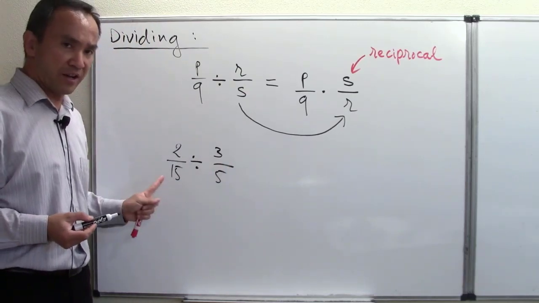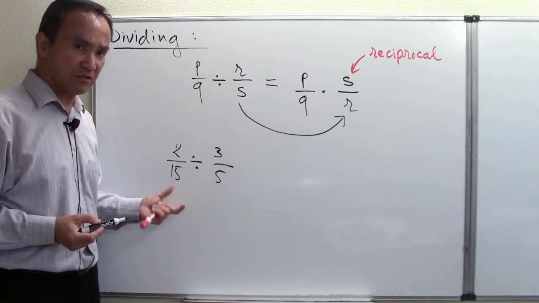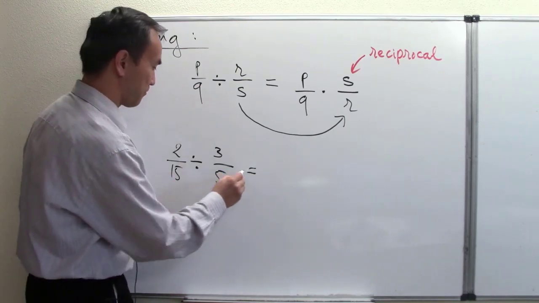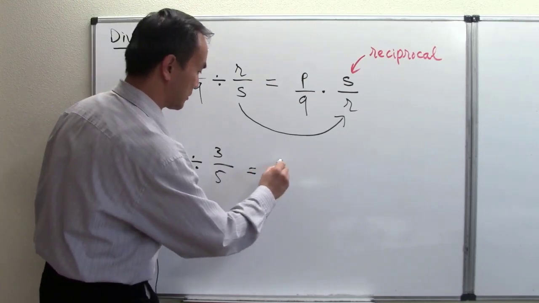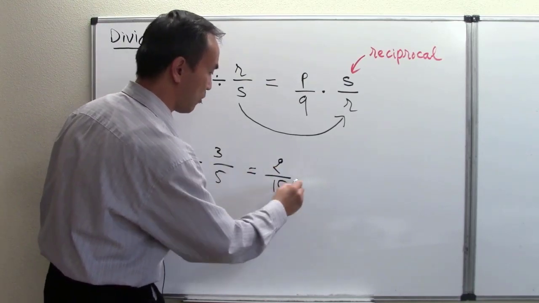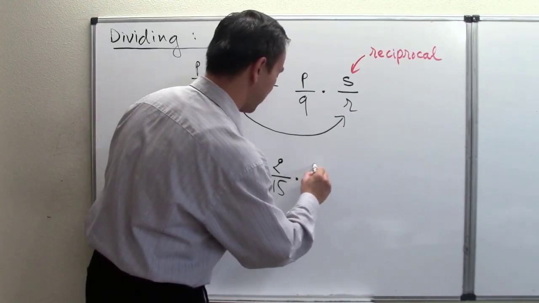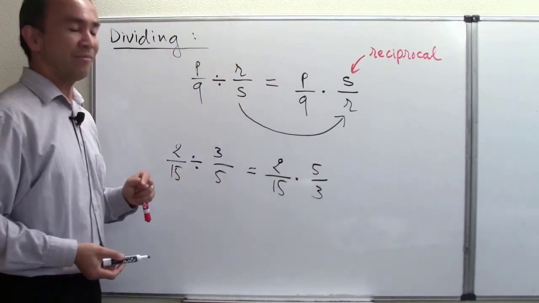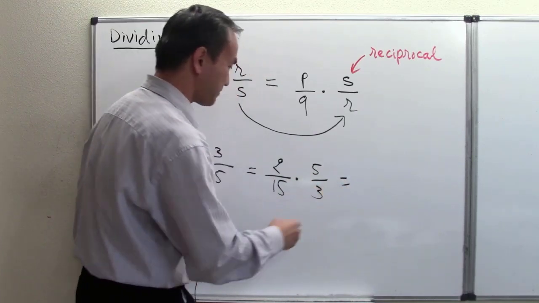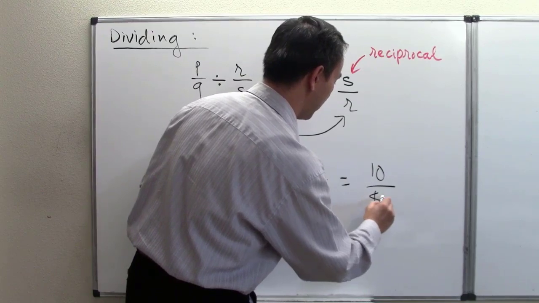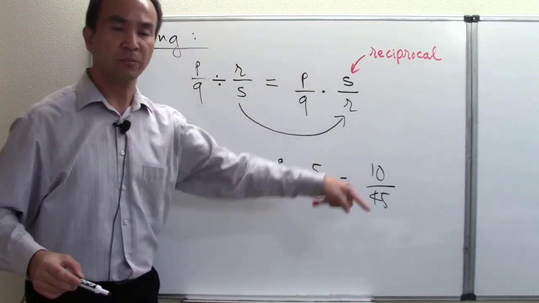This problem is so elementary that even an elementary student knows how to do it. We rewrite this problem as 2 over 15. We keep it the same. We multiply with the reciprocal, the twist over, the flip over. So now we're looking at 5 over 3. And now we're looking at 10 over 45, and then we start doing our simplification, our reduction.